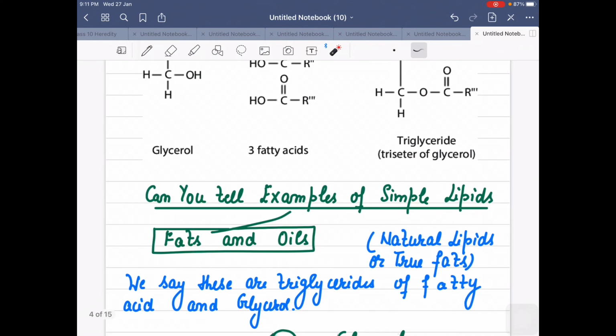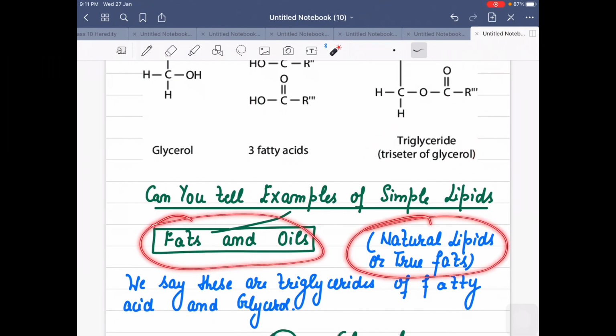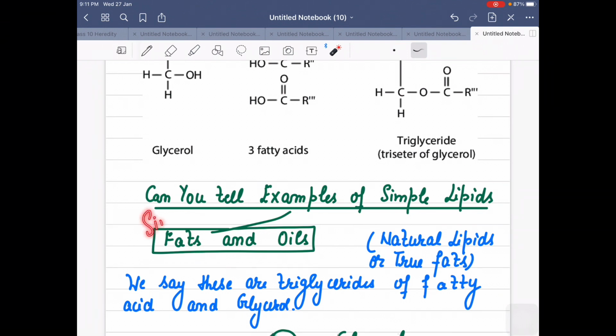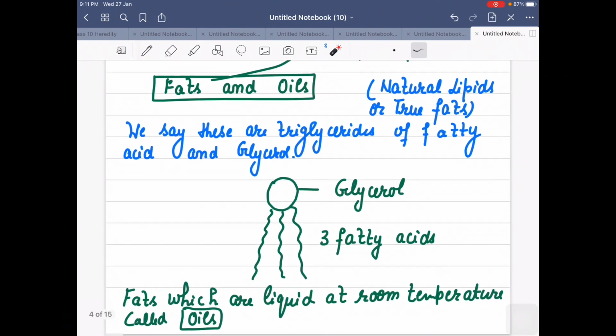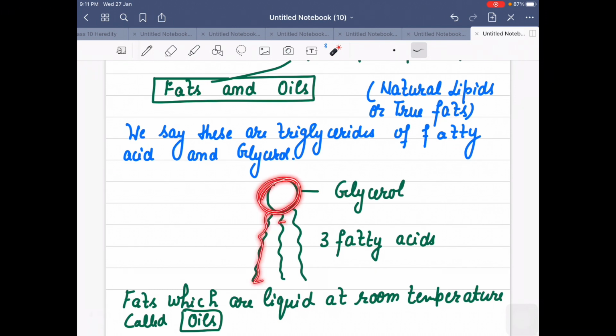Fats and oils are natural lipids or true fats, as well as simple lipids. They are triglycerides of fatty acids and glycerol, made up of one glycerol head and 3 fatty acid chains.